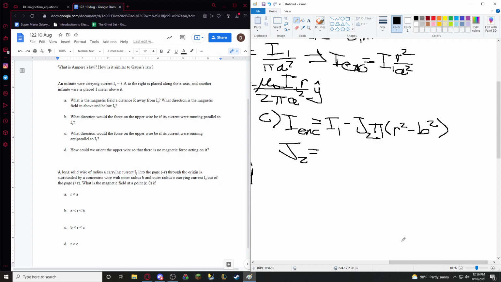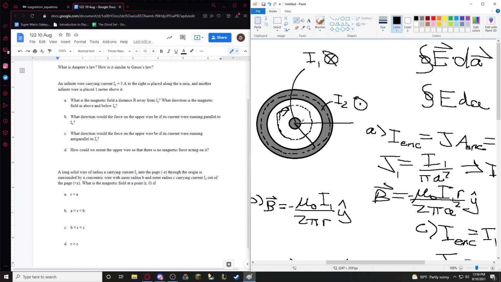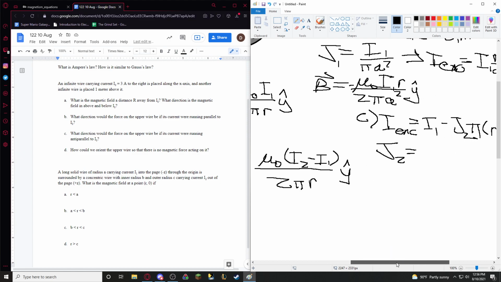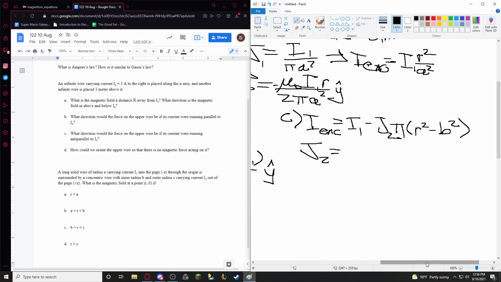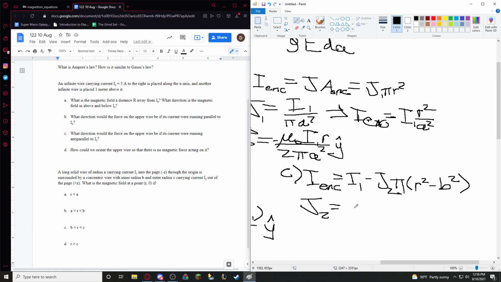Why would the current inside this inner wire matter for finding the current density of the outer wire? Oh. It doesn't. So it's just I2 divided by the total area of the outer wire shell.